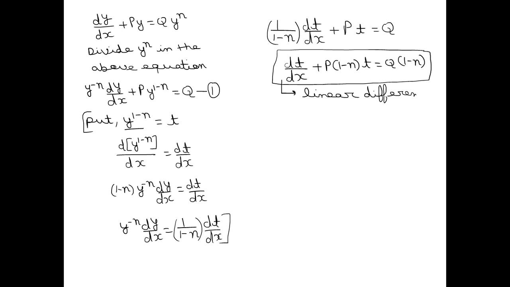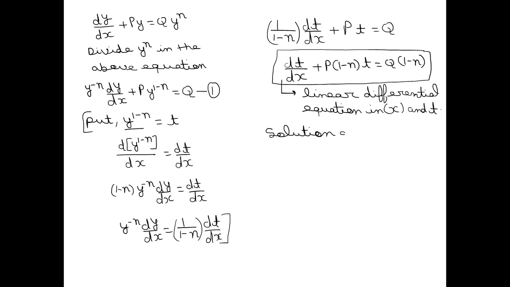It is a linear differential equation in x and t. The variables are x and t. Now we all know the solution of the linear differential equation.